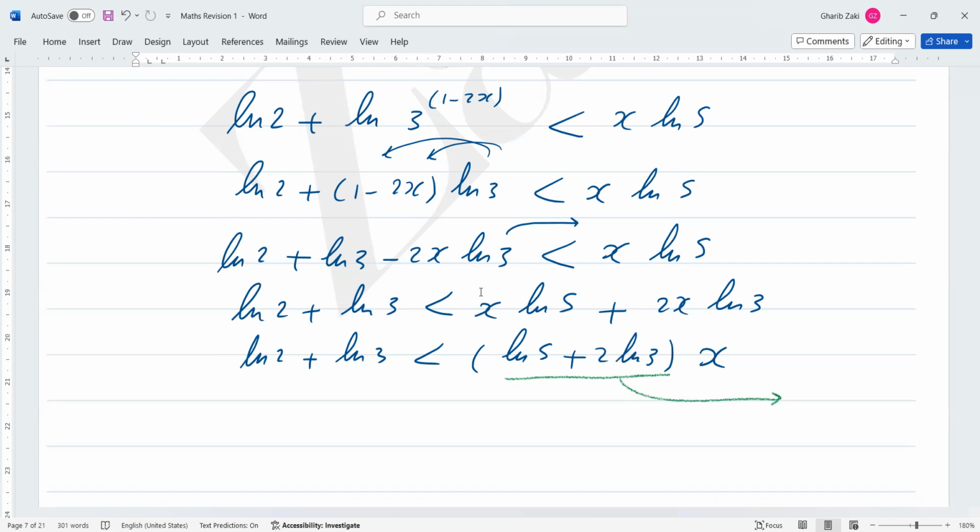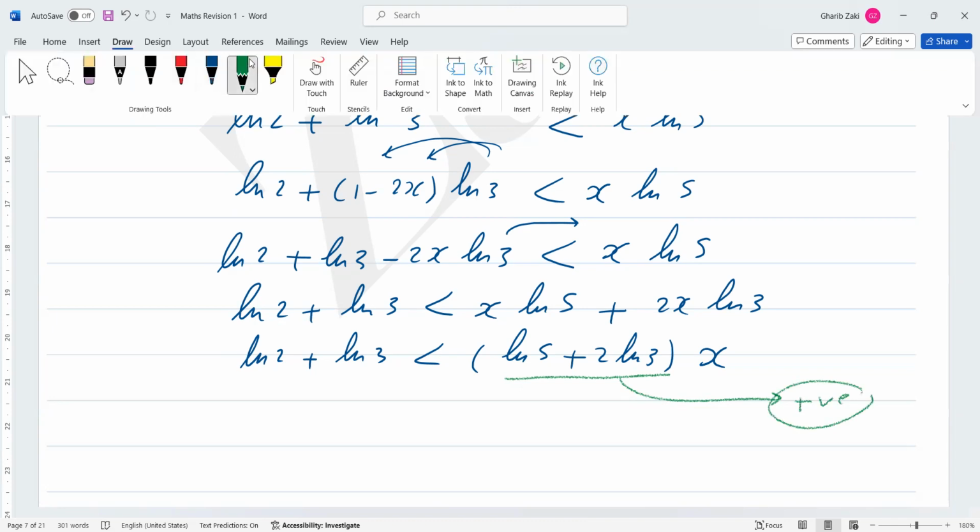Now, by using the calculator, ln 5 plus 2 ln 3 equals, it's positive. So this bracket is positive, so we can divide by it without changing the direction of the inequality.